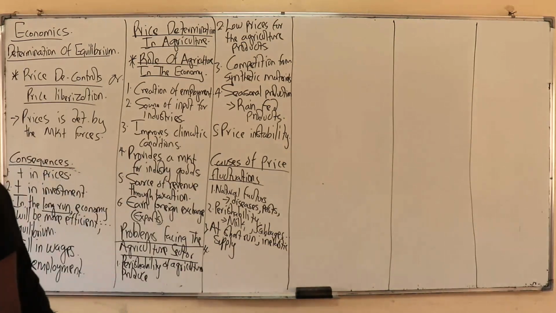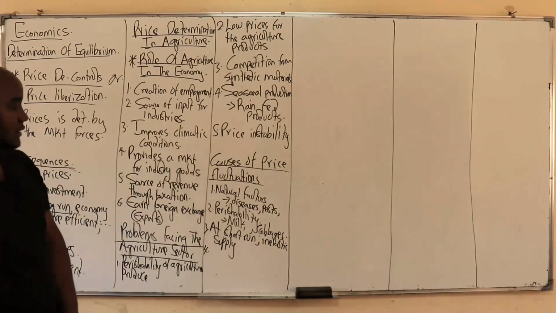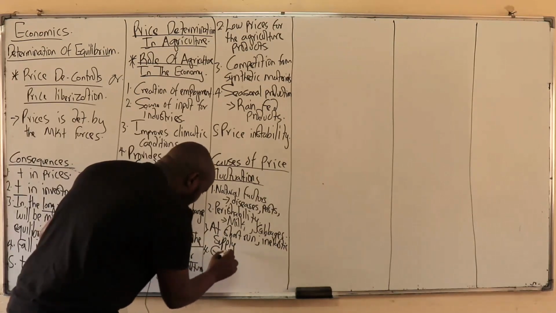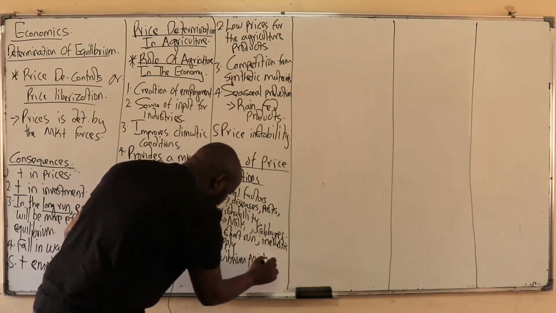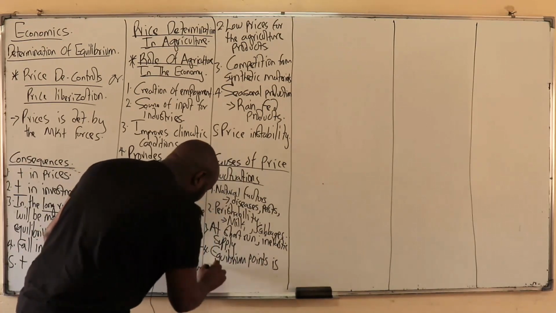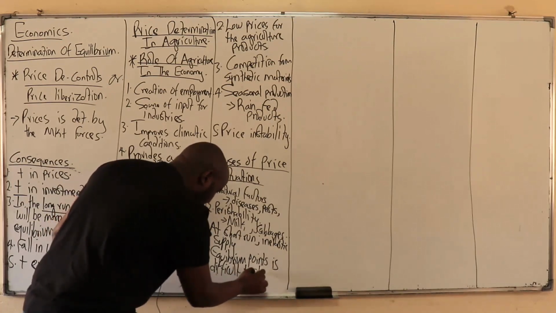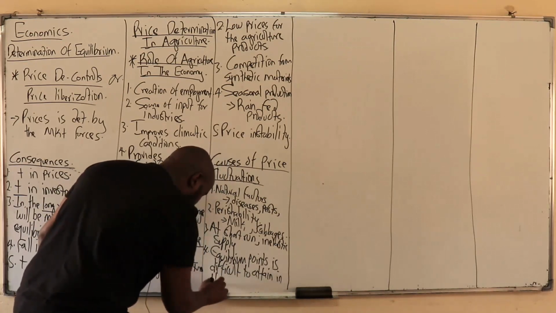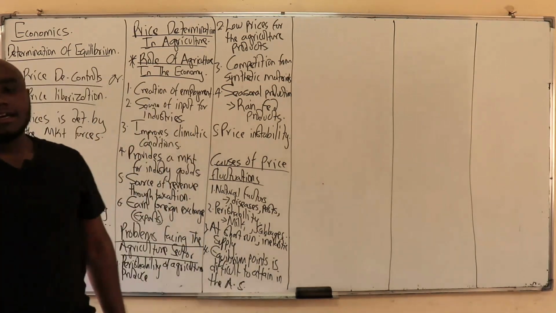Then the next one is that equilibrium prices, or equilibrium points, are difficult to attain in the agriculture sector.